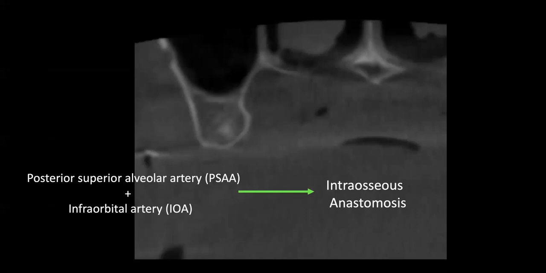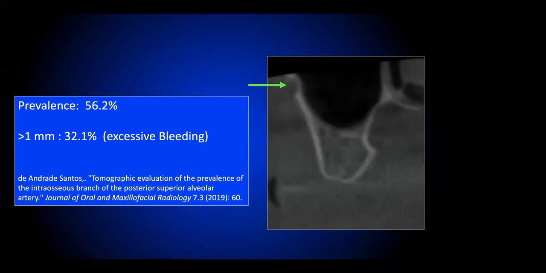Again, this is something we didn't know too much about until we got CBCT surveys. And now this study is showing us about a 56% prevalence on CBCT images. But right below it, if it's greater than 1 millimeter, it's about a 132% chance of having excessive bleeding.